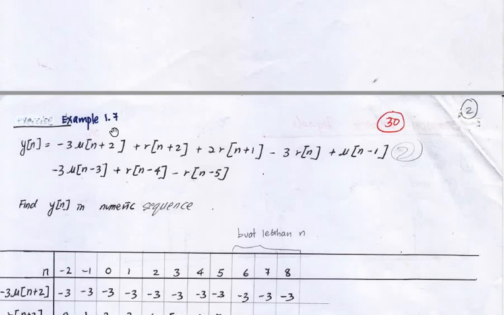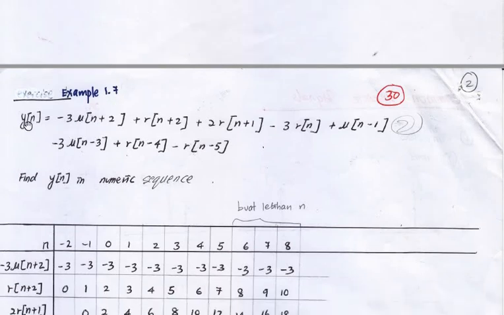Now let's look at an example. Given y(n) is this one, find y(n) as a numeric sequence. If you look at this y(n), you have the unit step function, you have the ramp function, and here also a ramp function, unit step and ramp.